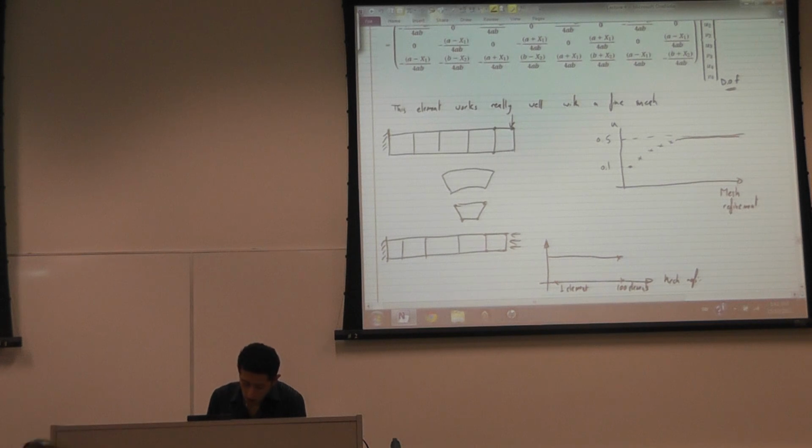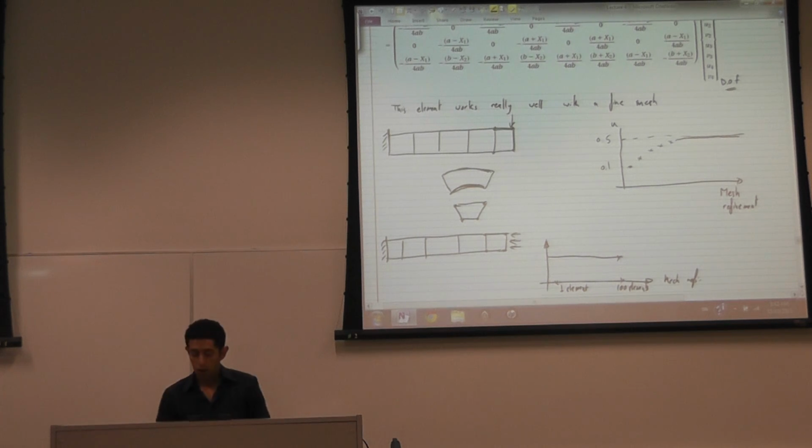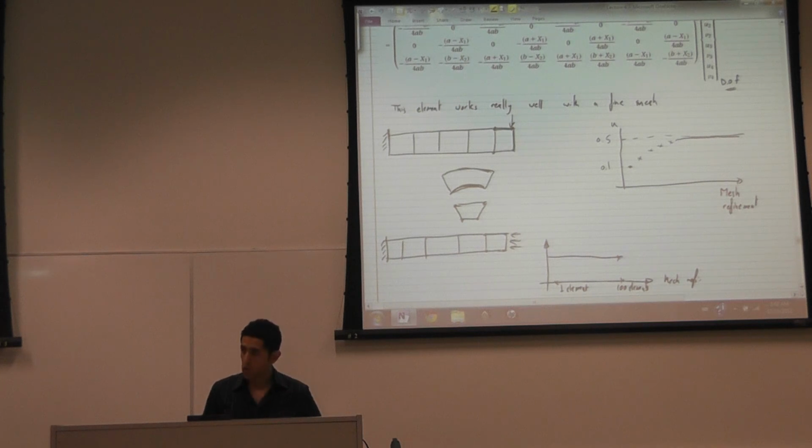Because the element that I'm using cannot model this deformation, I cannot use one element to model this curved displacement. When this beam deforms, it has this curve.